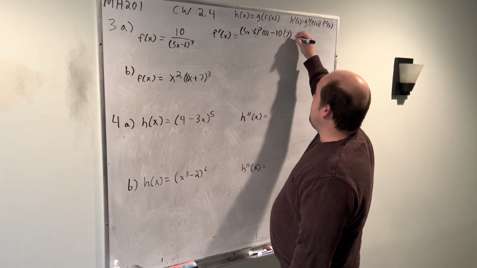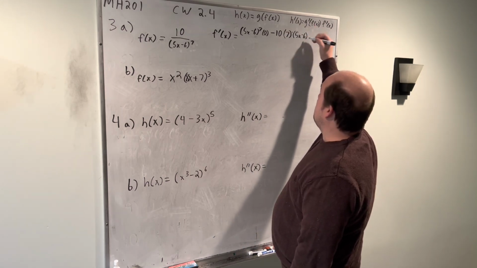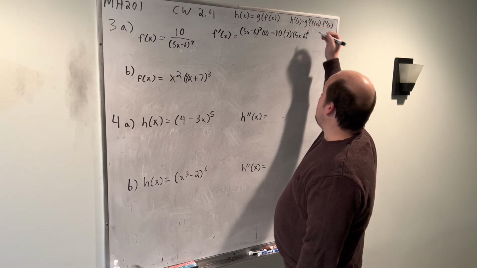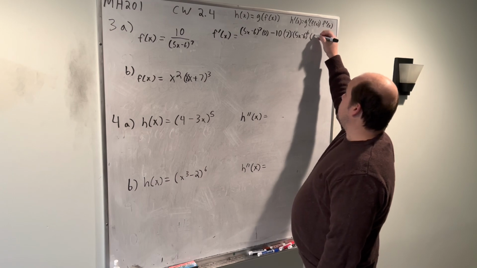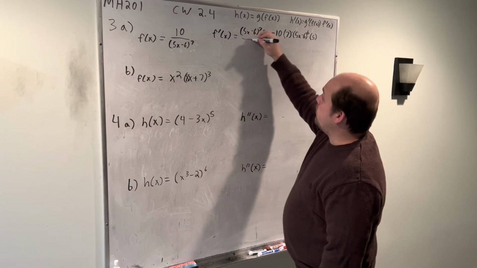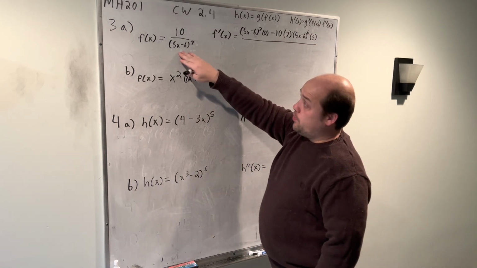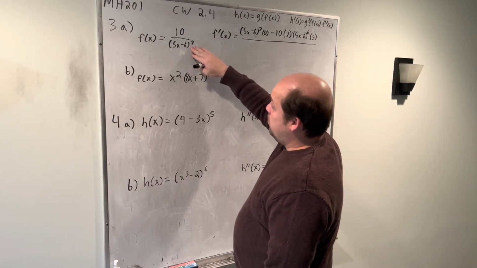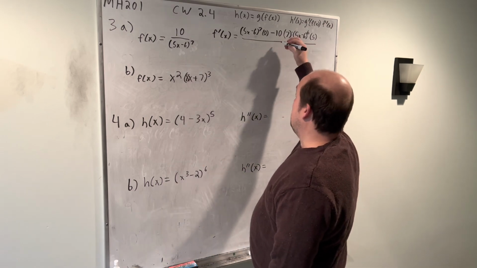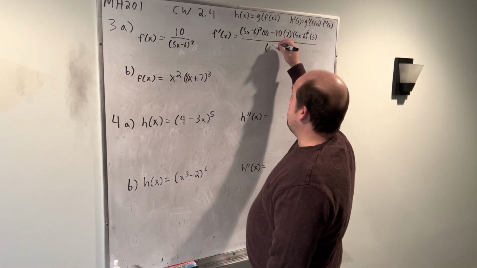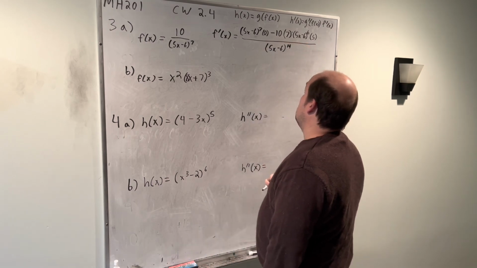So I'm going to put the 7 out front, then 5x minus 6 to now the 6th power times the derivative of the inside, which in this case would be 5. All over, low, so we have to double the exponent that was below. So here it was 7. If we square that, it becomes 14. So the bottom is 5x minus 6 to the 14th.